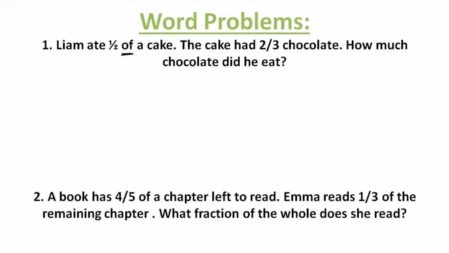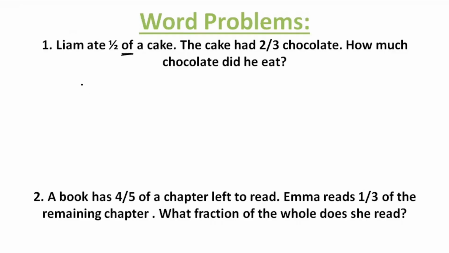Whenever we find "of", we are actually multiplying. Always remember it. So it says that Liam ate half of a cake. The cake had 2/3 chocolate. So how much chocolate did he eat?